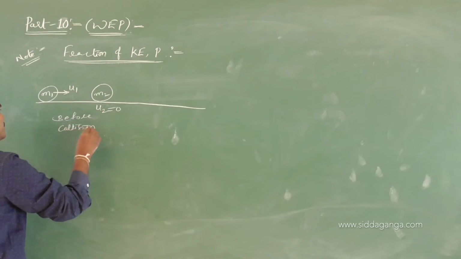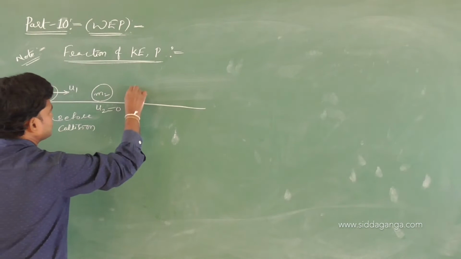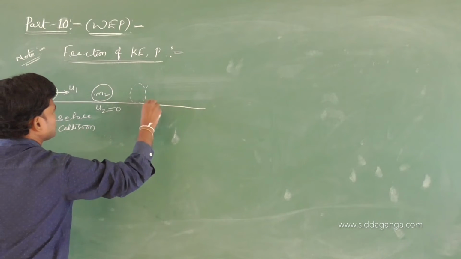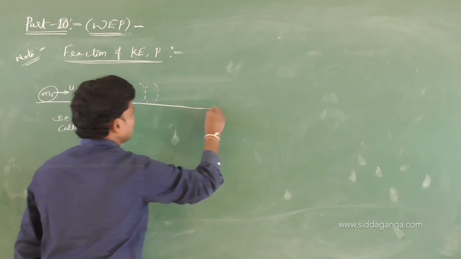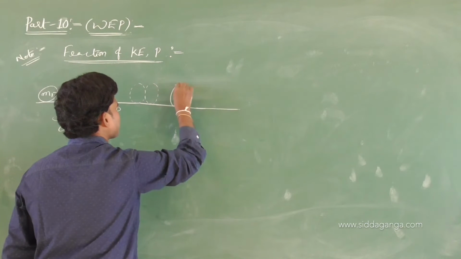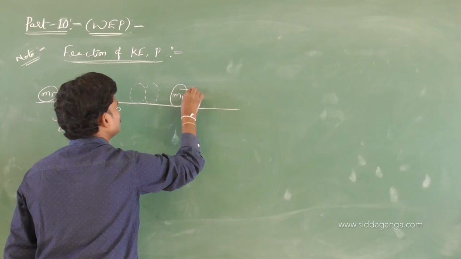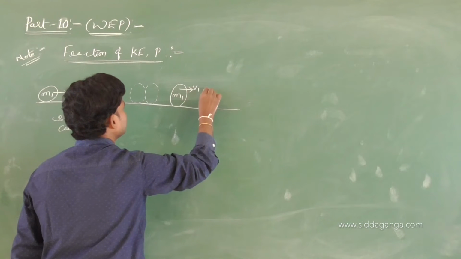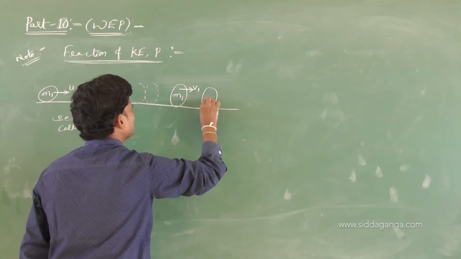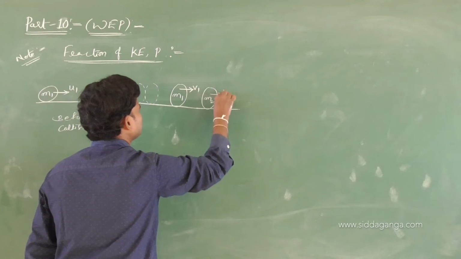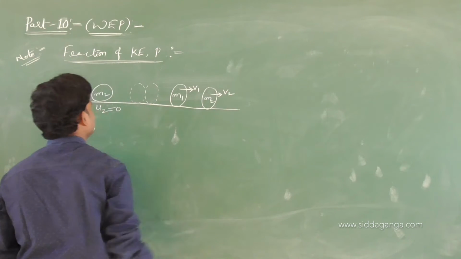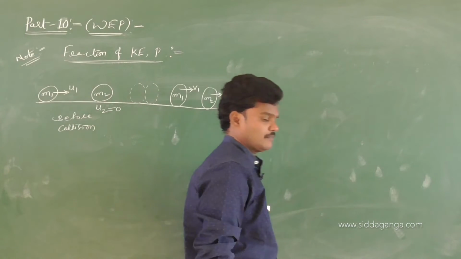First listen, then you write. This is during collision, and after the collision m1 has speed v1, meaning it attains velocity v1, and m2 attains velocity v2.